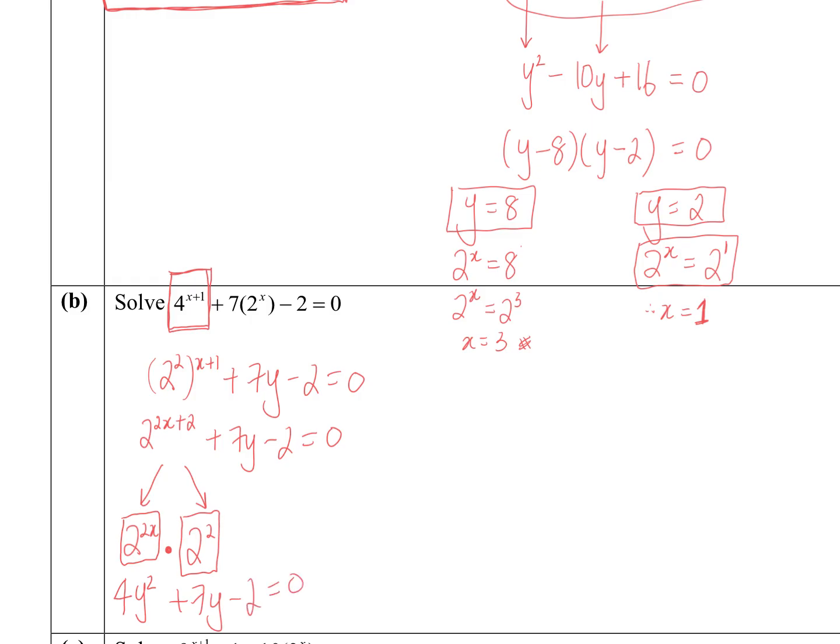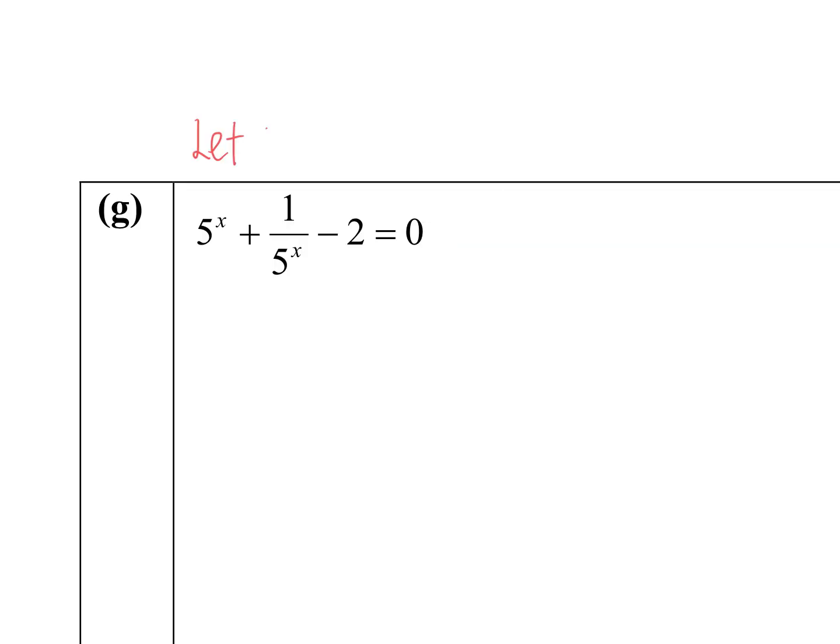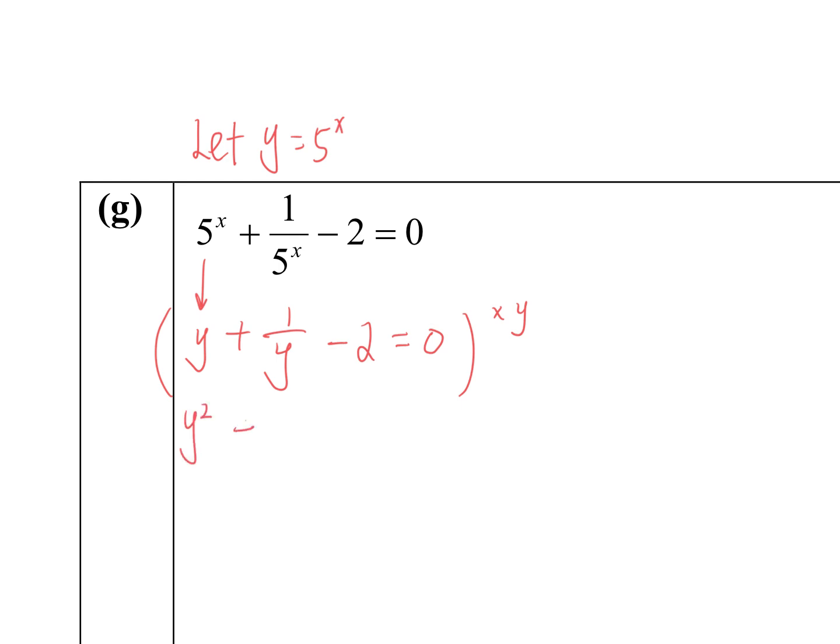So 5.1 is just like that. I let y be 5 to the power x. So this one is y. This one is 1 over y. So I don't like fractions. I multiply everything by y. So this will be y squared plus 1 minus 2y equals to 0. So this part here, correct or not? Plus 1 minus 2.